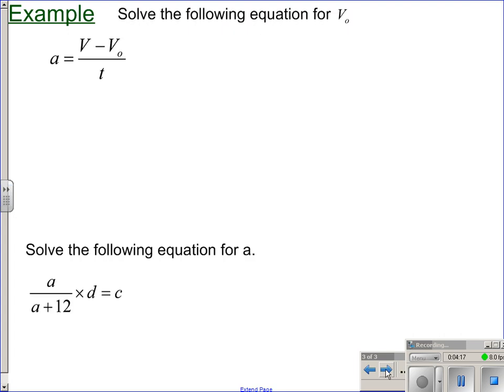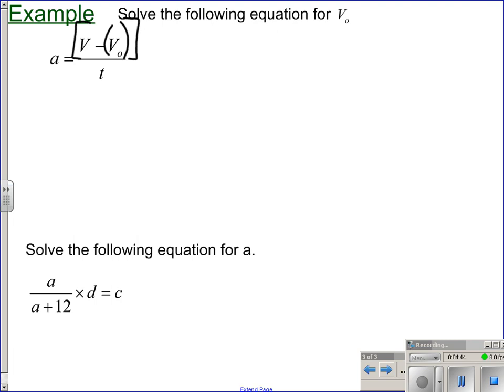So these are the ones that can be kind of challenging. What you want to do is solve this equation. It's got a bunch of variables in it, and we're trying to solve it for one of those variables. So in this top example, we're trying to solve for v sub 0. The idea is, wherever that variable is that you're trying to solve for, get that part of it by itself.